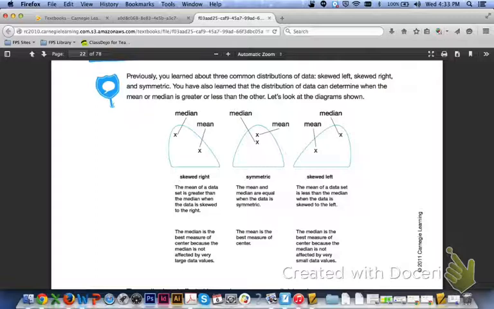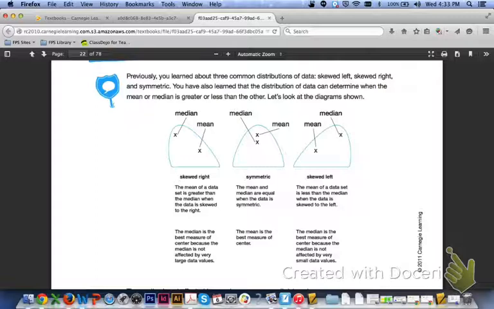So when it's skewed to the right, most of the values are on the left-hand side of the graph, whereas there must be a really large value on the right-hand side of the graph. That will affect the data and affect your mean, but the median is not affected and gives you the best indication of what most of the values are like.